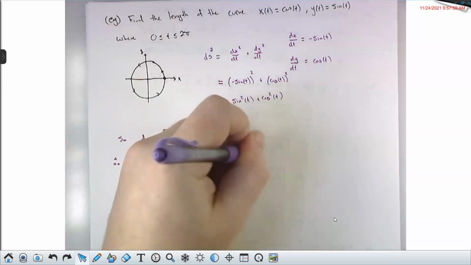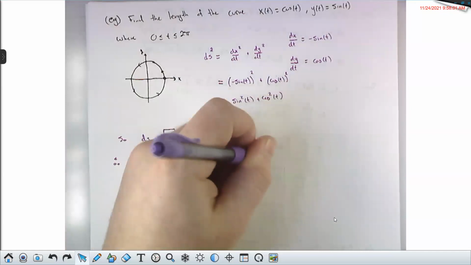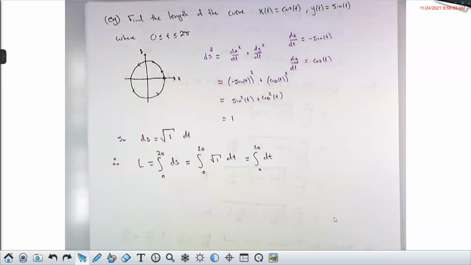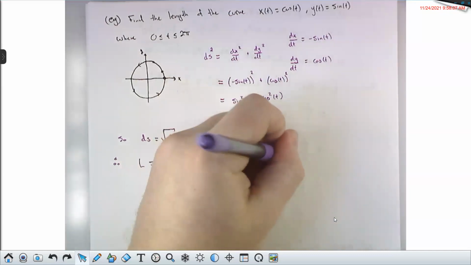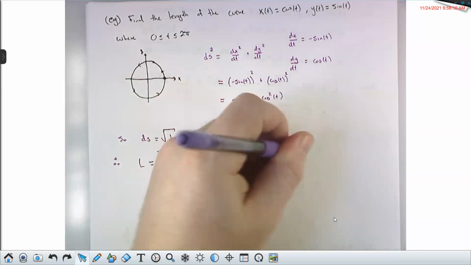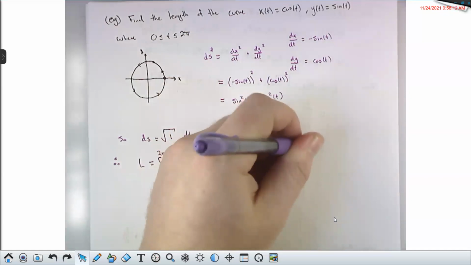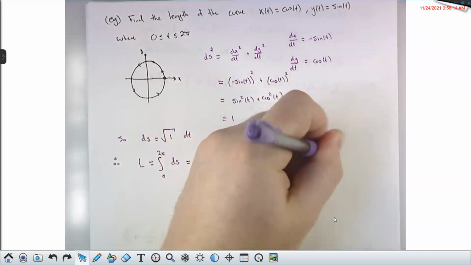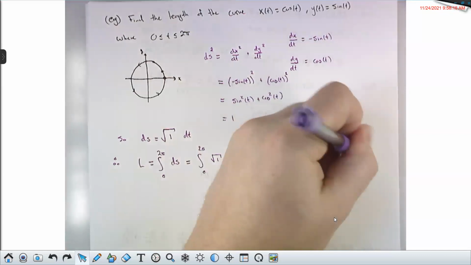Square root of 1 is just 1, so this is just the integral from 0 to 2 pi of dt. This is like a zero work problem. Integral of dt is just t, and we evaluate from 0 to 2 pi. So that's 2 pi minus 0, or 2 pi.